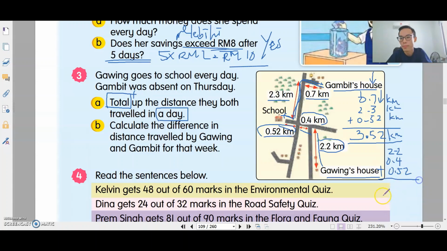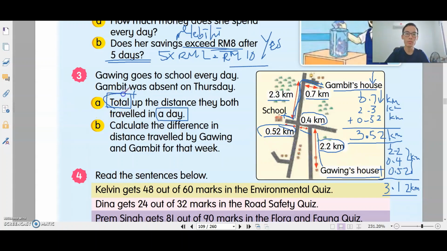Remember to write your km. So nothing plus 2 is 2, 2 plus 4 is 6, 6 plus 5 is 11, 1 plus 2 is 3, and then your unit km.